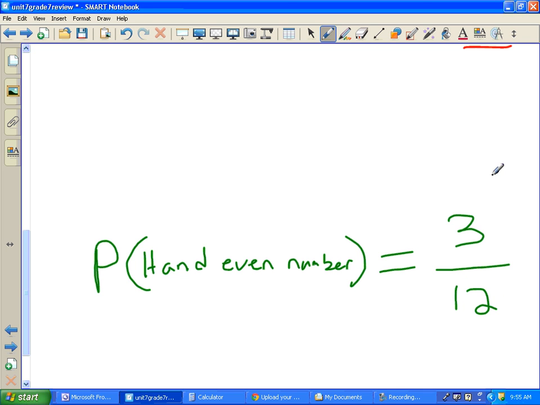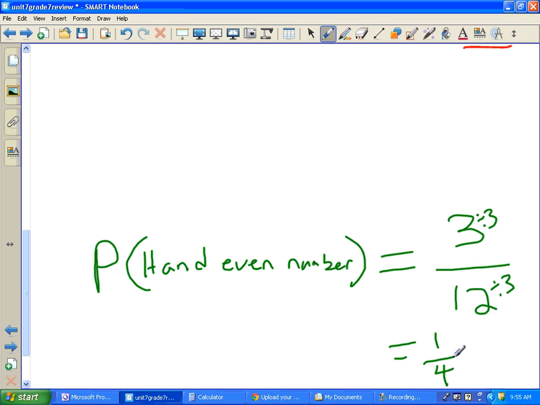Sometimes you might be asked to reduce your fraction to the lowest possible fraction. In other words, you could divide 3 by 3, and you could divide 12 by 3, because 3 goes into 12. That would reduce your fraction to 1 over 4, or 1/4 of a chance.